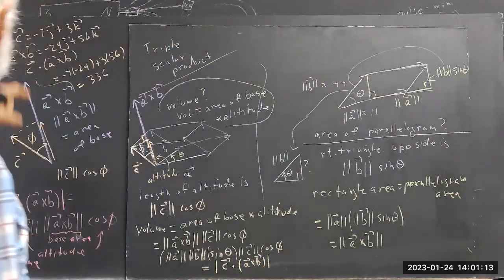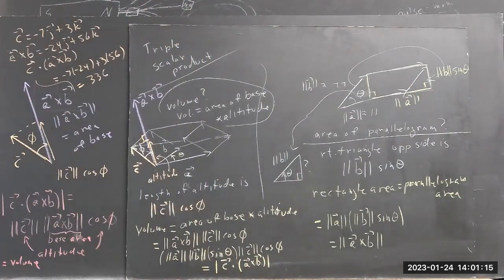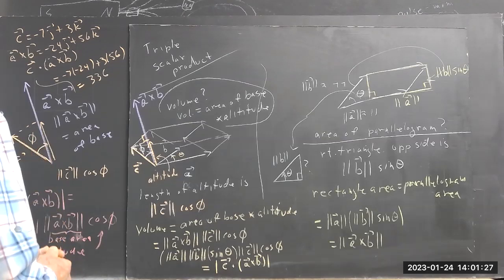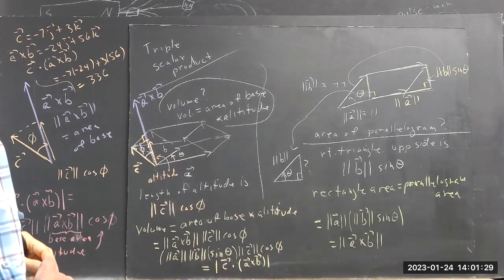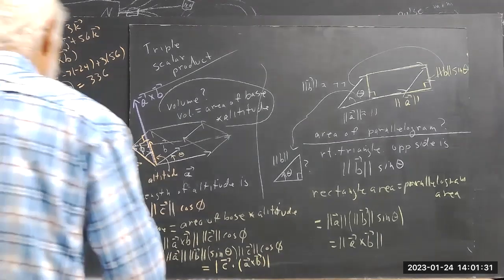And it turns out that vector is negative 7j plus 3k, because it's also got an odd component.